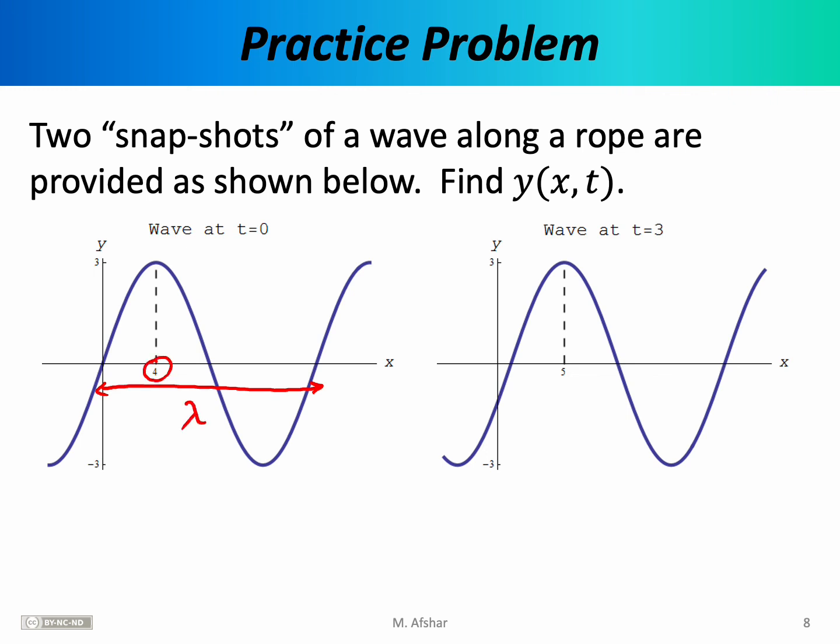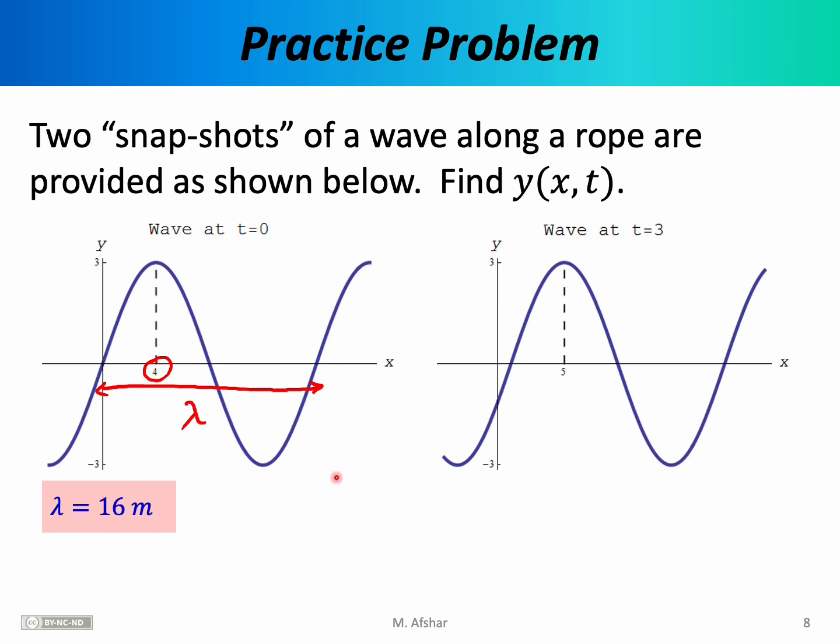And this 4 meters here is really 1/4 of a full wavelength, which tells us that a wavelength must be 16 meters. So if from here to a peak, which is just 1/4 of a wavelength, is 4 meters, completing an entire wavelength would require 16 meters. So that's one bit of useful information.